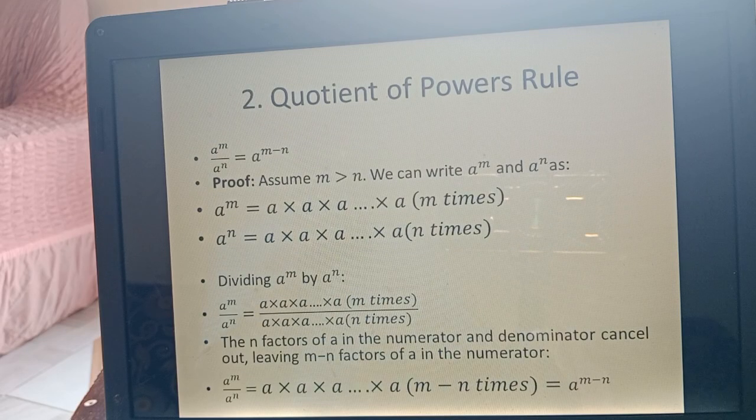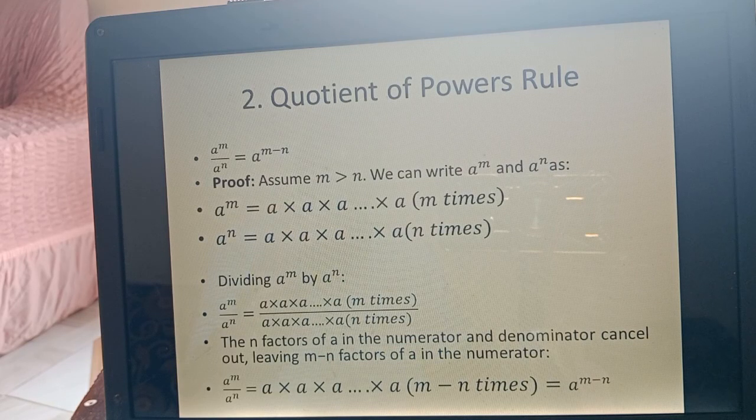Quotient of powers rule. a raised to m over a raised to n equals a raised to m minus n. So here you have to assume before you prove that m is greater than n, because if m is equal to or less than n, there will be issues. So we assume m is greater than n.